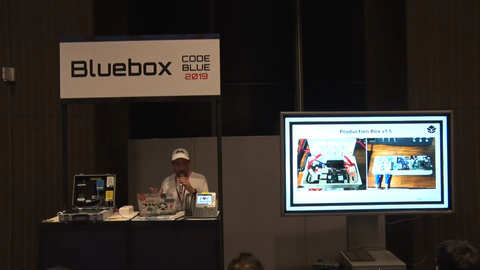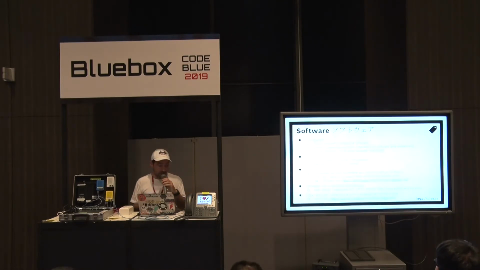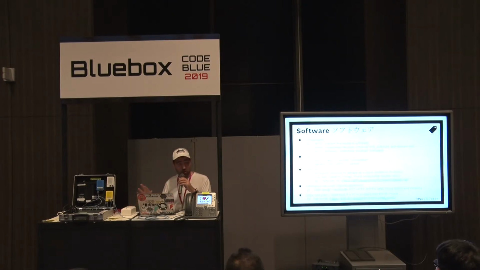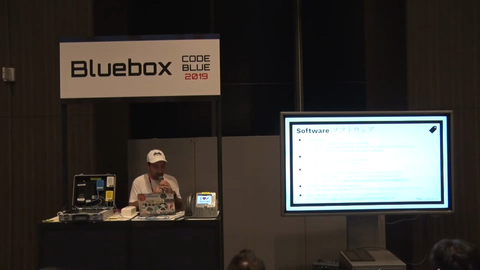Now, in version 1.5, which is the latest version I'm going to show, you are able to keep the phone working and use the network implant at the same time. How this is all built is, well, there's a hardware component, and I will go into details, and there's a software component. We have three main components.